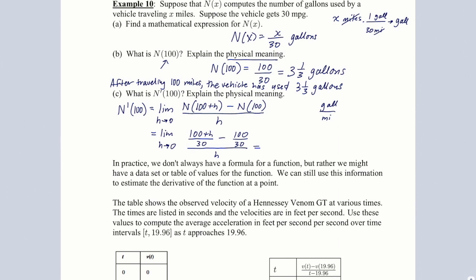That first fraction in the numerator, I can rewrite that as 100 over 30 plus h over 30. 100 over 30 minus 100 over 30, that's going to cancel out. So I really just have h over 30 over h, which is the same as limit as h goes to 0, h over 30 times 1 over h, because dividing by h is the same as multiplying by 1 over h. And I can see that I just have 1 over 30.